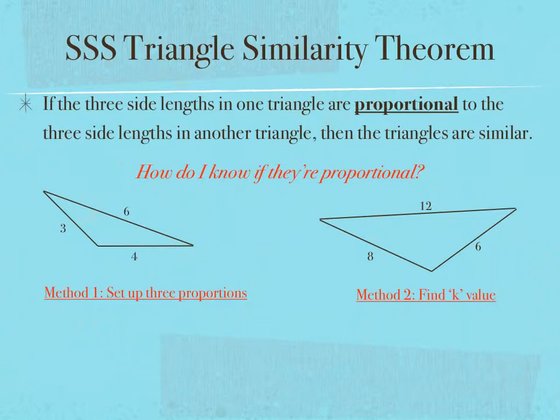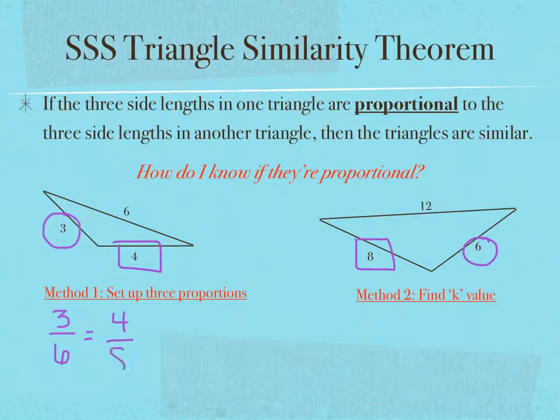So if I start with the 3, which side would have to correspond with the 3 over here? The 6, because it's the smallest, right? Okay. So 3 over 6. Okay. Which side would have to correspond with the 4? The 8. Yep. And which side would have to correspond with the 6?